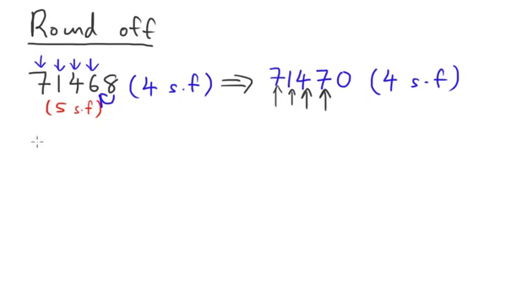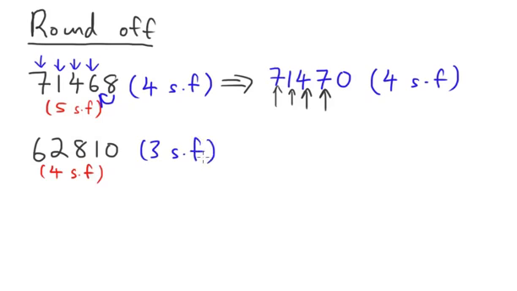Another example, let's say 62,810. The original number has 4 significant figures, because the 0 is not significant. And now we want to round it off to 3 significant figures.